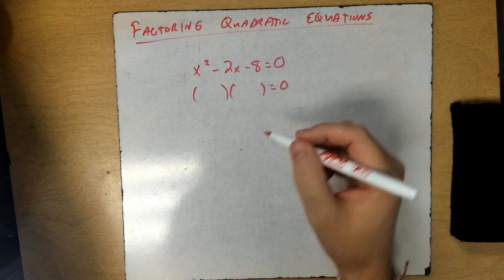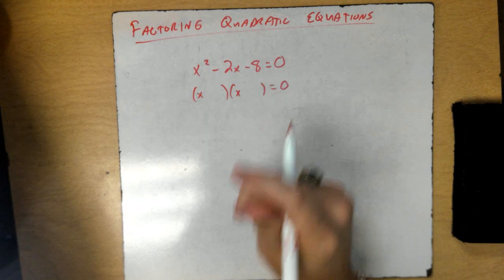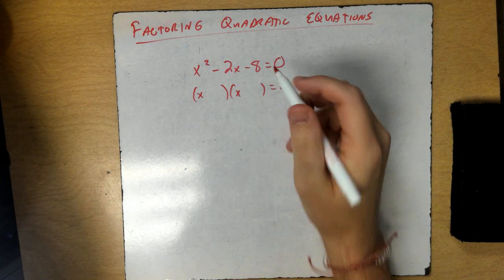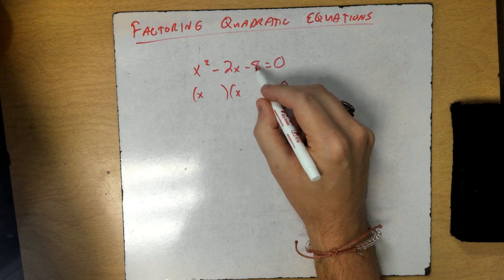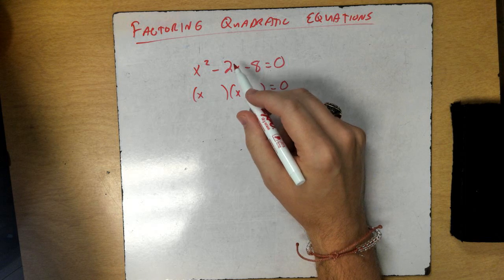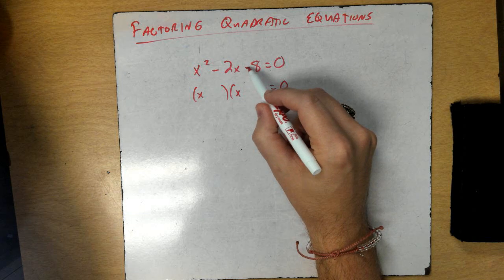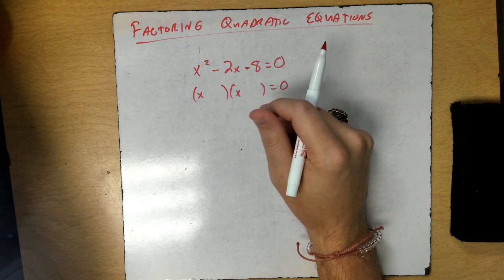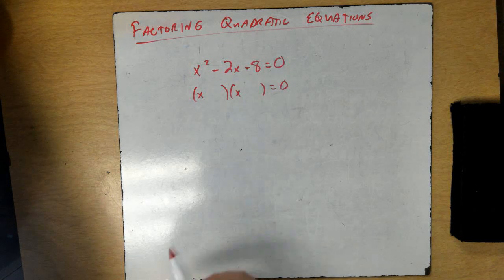All right. We have x squared in front by itself, so it means we're going to start each parentheses with an x, and then we need to figure out two numbers that multiply to 8, and add or subtract to 2, okay? Now in this case, because we have a negative 8 here, it means we have to have two numbers that subtract to get to negative 2.